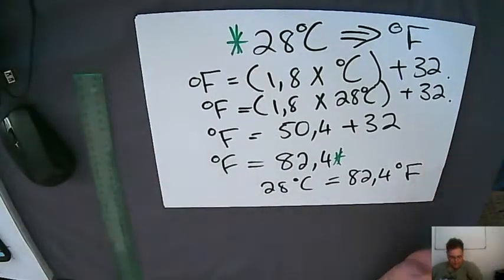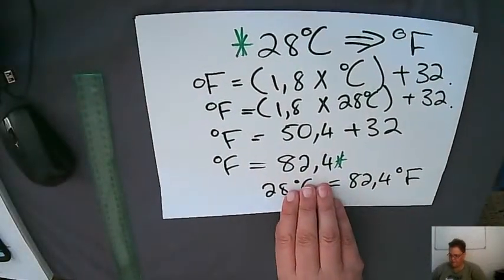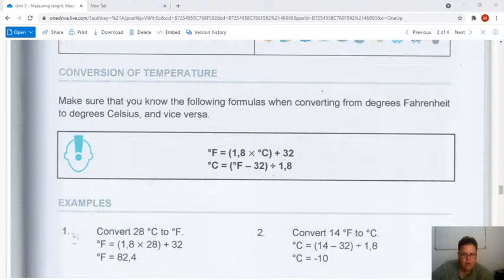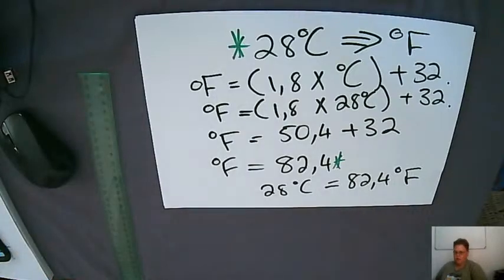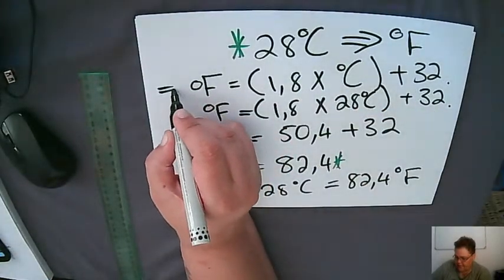Okay, they have asked me, where did I get 1.8 from? If you look at the formula, Whitney, the formula gives you 1.8. So you want to convert degrees Celsius to Fahrenheit, so that is the formula that you're going to use, and that is what I wrote over here on this line.